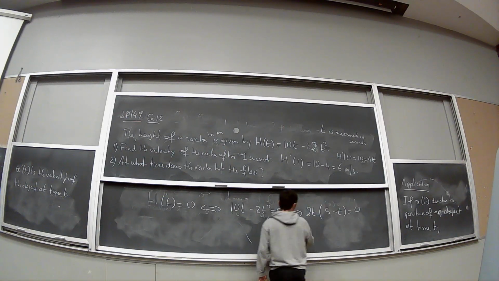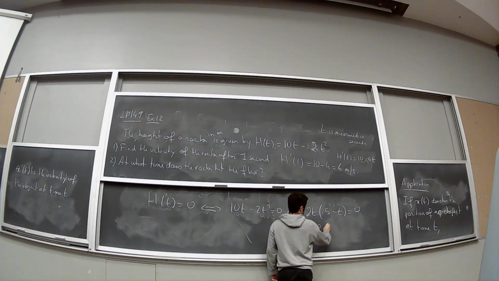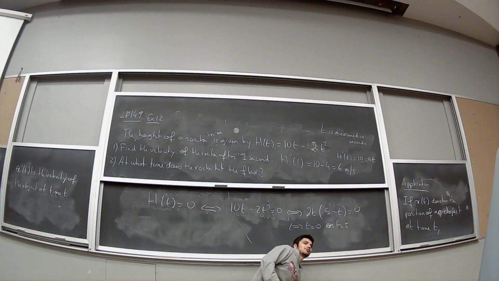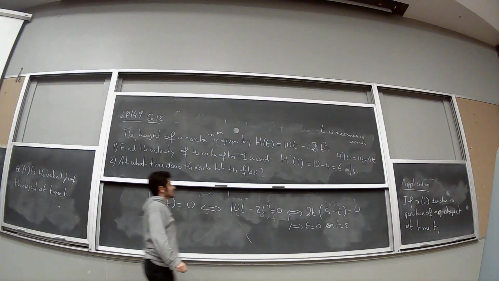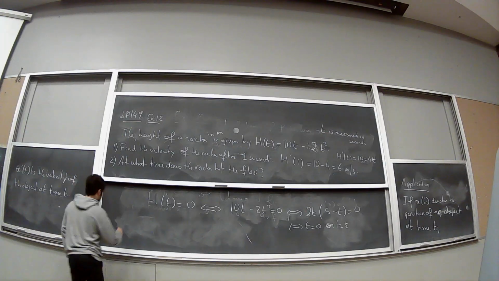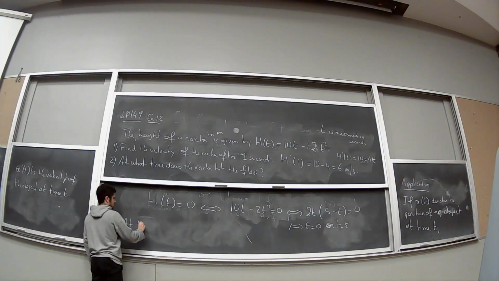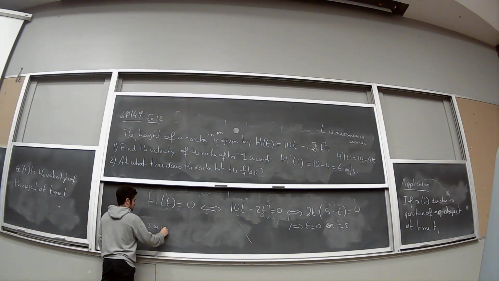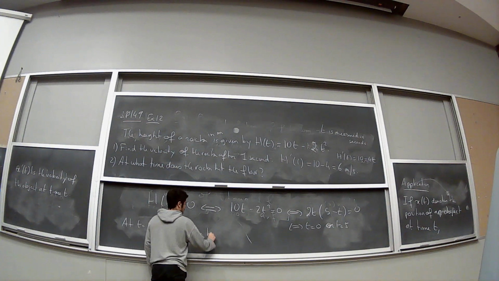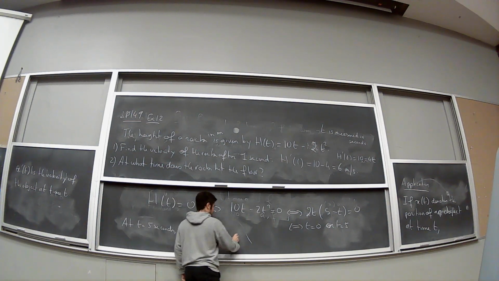So I have t is equal to 0, or t is equal to 5. You know, provided the rock has been thrown from the floor. So at t equals 5 seconds, the rock hits the ground again. Okay?